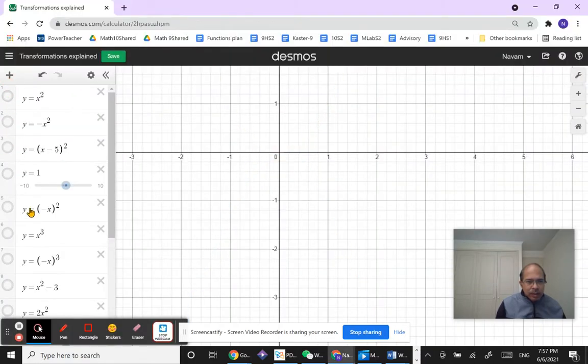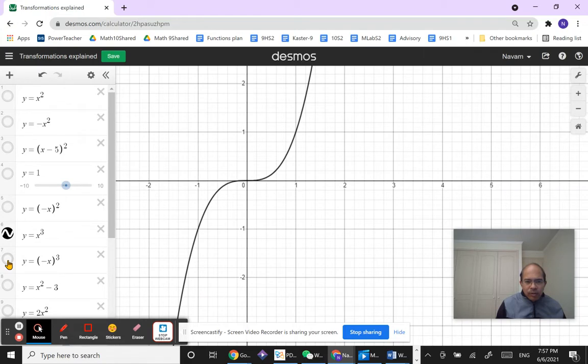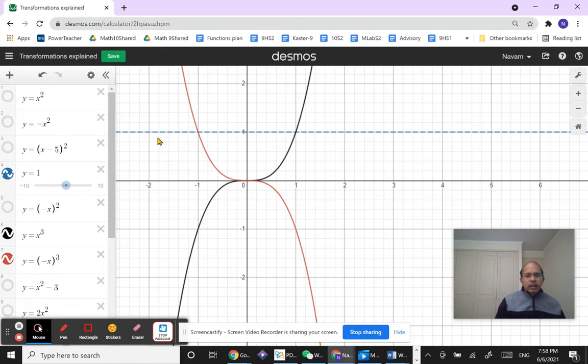This time, let's plot the graph of y equals x cubed, which is this black curve, and the graph of y equals minus x cubed, this red curve. To check, we'll draw another line called y equals 1. This maps all the points on the y equals 1 line, and you can see the points here on the curves.